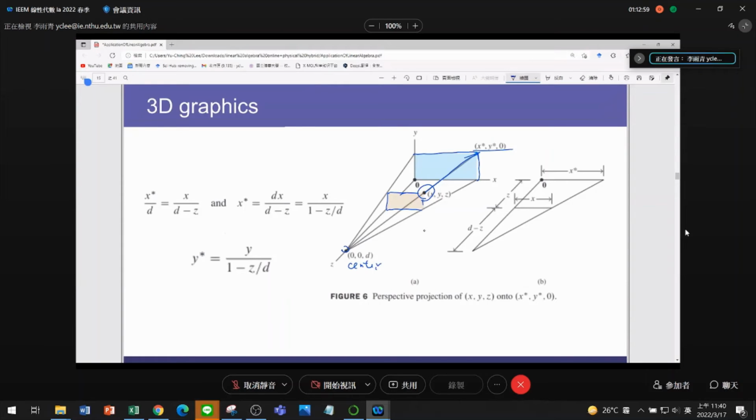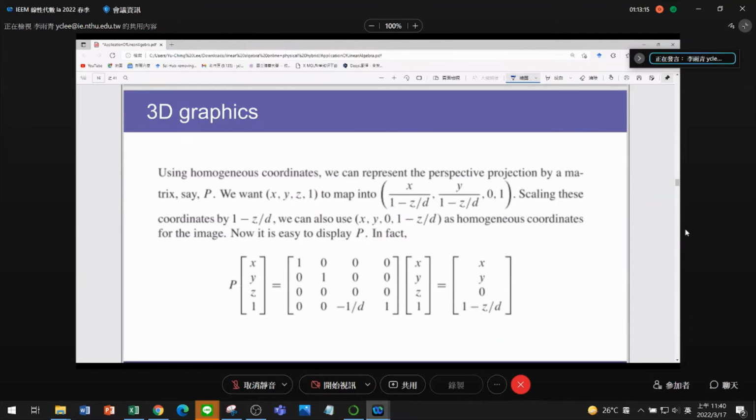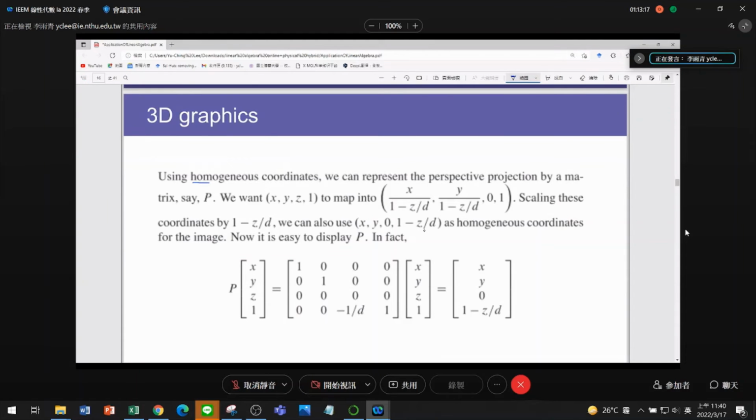And then we can use the similar triangle properties to find out that x* and x have this relationship, y* and y have such a relationship. And then again, we need to use homogeneous coordinates. We can represent the perspective projection by some matrix.